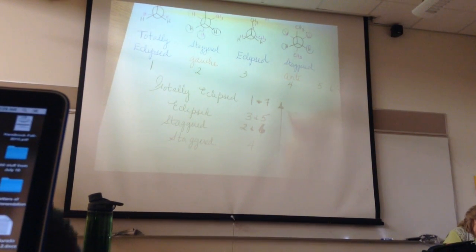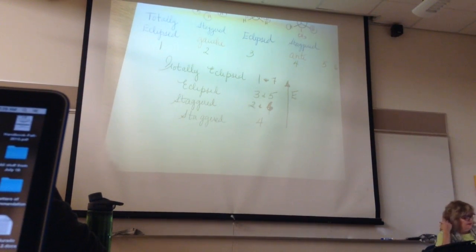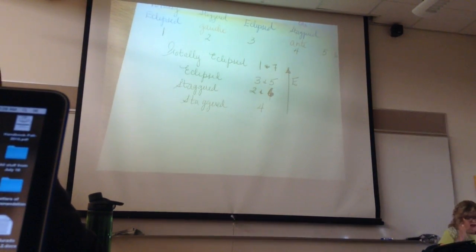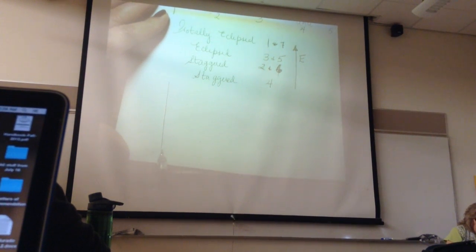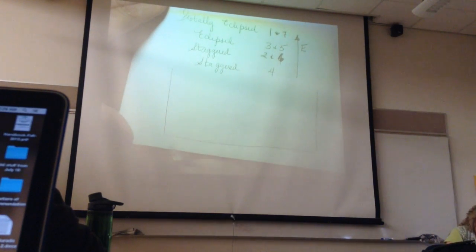So if anybody said to go ahead and draw, anti-staggered is the most stable. I would start here. So this is 1, 2, 3, 4, 5, 6, and 7.